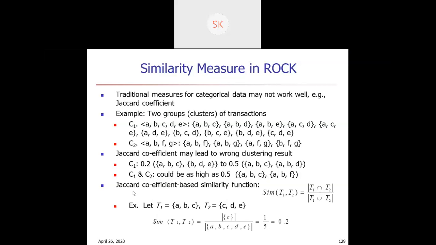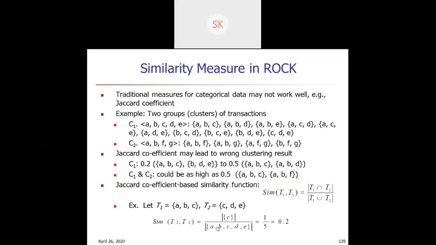So the Jaccard coefficient based similarity function computes the similarity of T1, T2 as the intersection of T1 and T2 divided by T1 union T2. Example, T1 and T2 are ABC and CD. The intersection between these two transactions is the cardinality of C, which is 1, divided by the union.